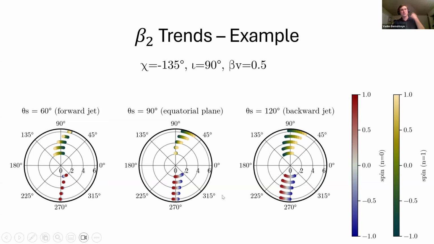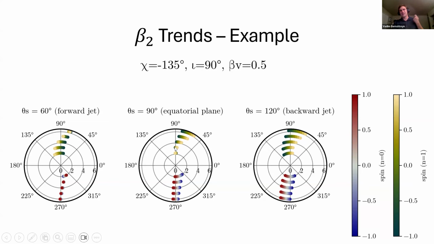What's surprising, and what was surprising to us when we first saw it, is that for the photon ring, this nice trend doesn't hold. At large emission radii, it looks kind of the same. The forward jet weakly depends on spin, and the backward jet greatly depends on spin. But for smaller radii, there is a flip as we go from forward to a backward jet.